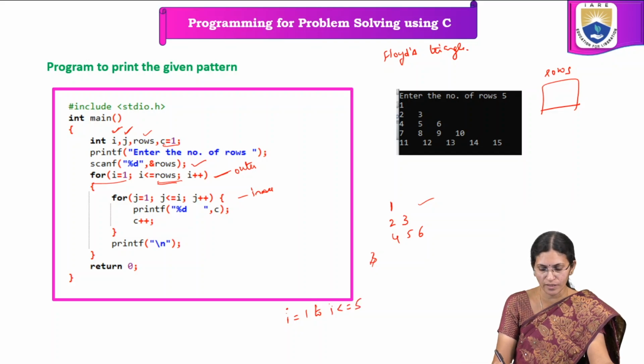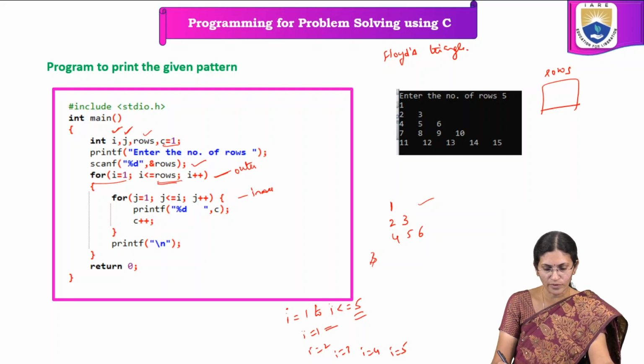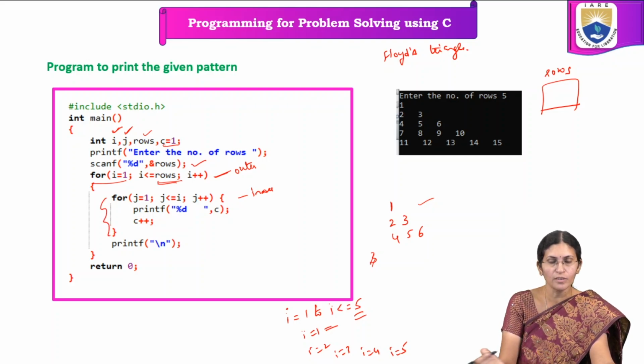Suppose the user has entered rows equal to 5. The outer for loop will repeat from 1 to 5, so i will vary from 1, to i equal to 2, 3, 4 and 5. For each value of i, the inner for loop will repeat.